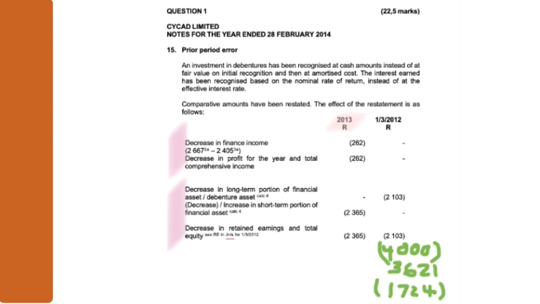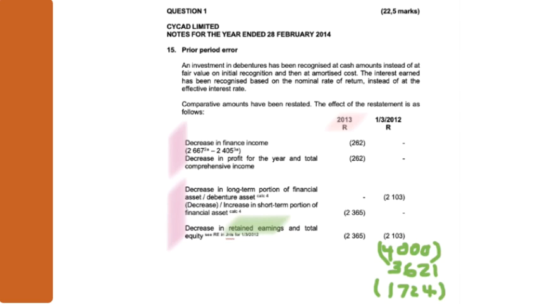The last item we need to look at is retained earnings. Now, it is really important to understand that you are busy with the SFP items in the prior period error note, and that SFP items have balances, and that balances are cumulative in nature.